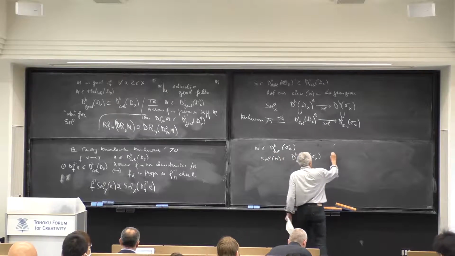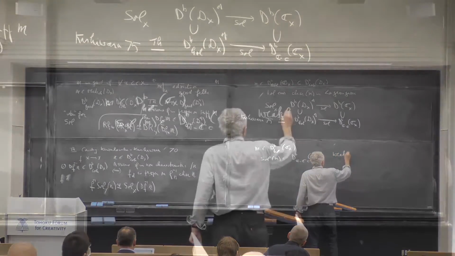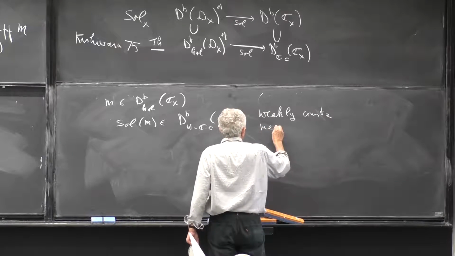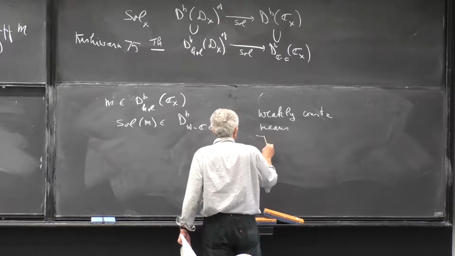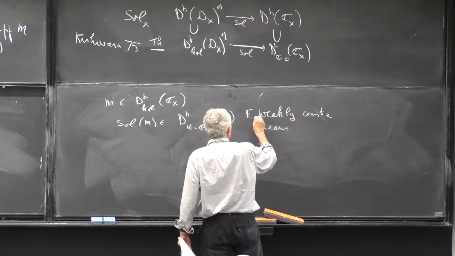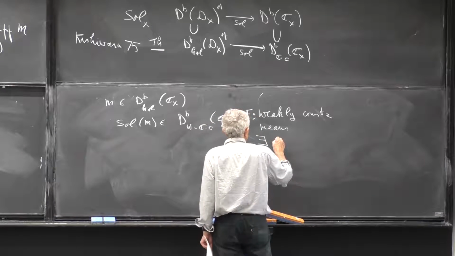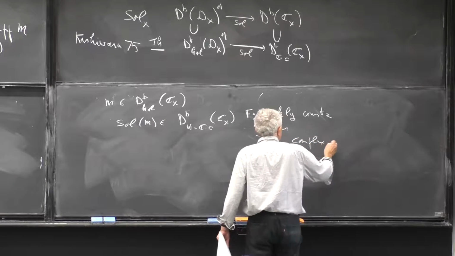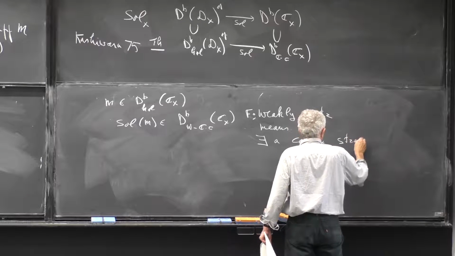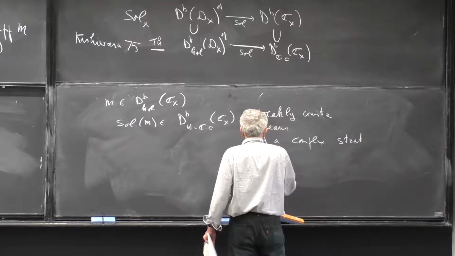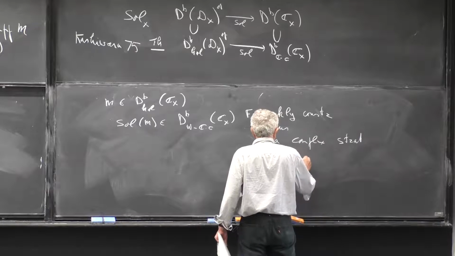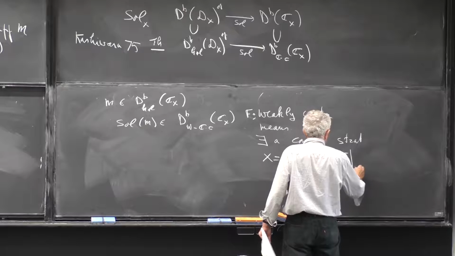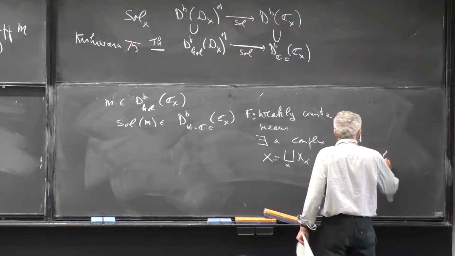Weakly constructible means there exists a complex analytic stratification, X equal union of X_alpha, such that F restricted to each stratum is locally constant.